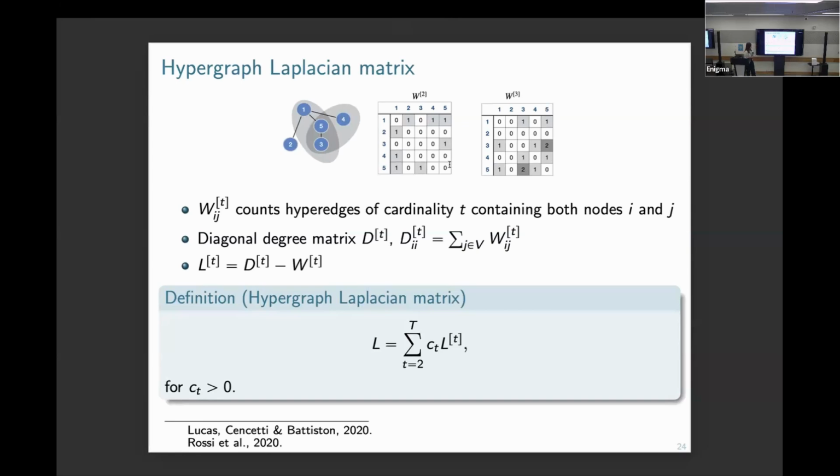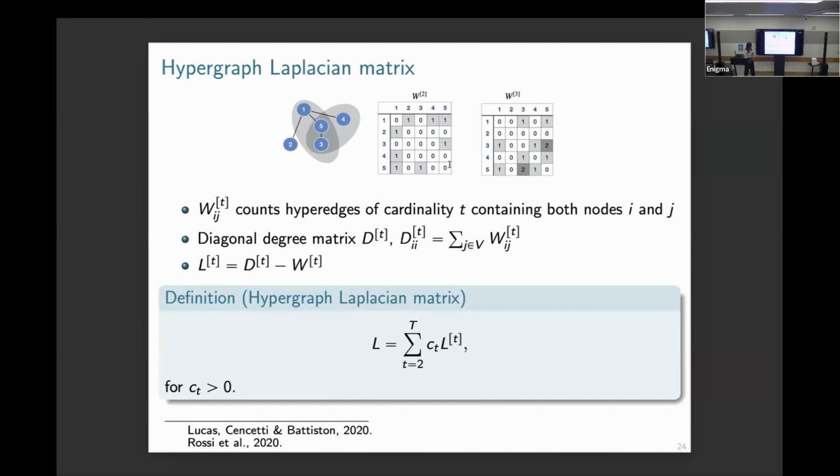So we adopted the flattened adjacency matrix, where W^T captures only the hyperedges of cardinality T that contain T nodes. Right. So W_ij counts the number of edges between node i and node j with cardinality T, and we can compute the diagonal degree matrix similar to the standard graph. And the Laplacian matrix of order T is also defined in the same way.